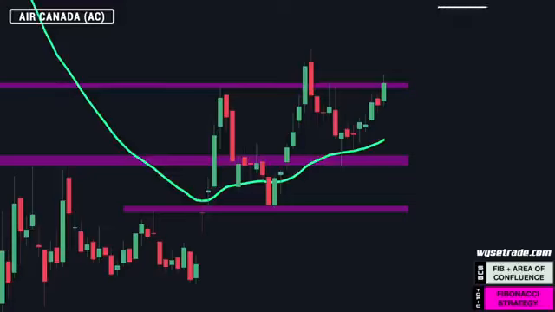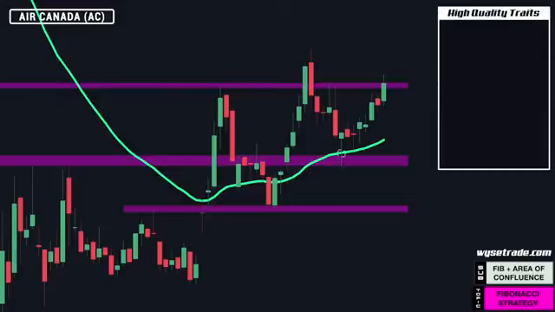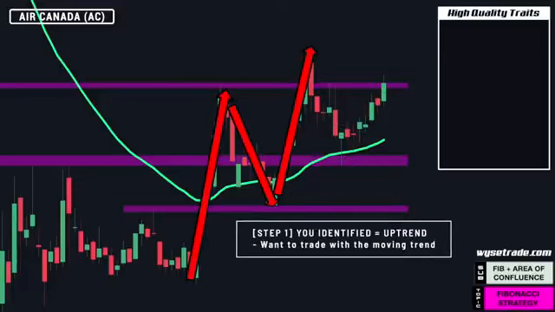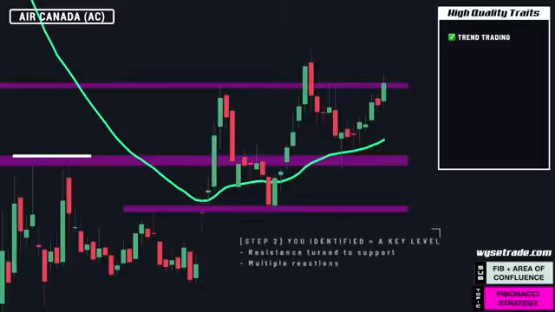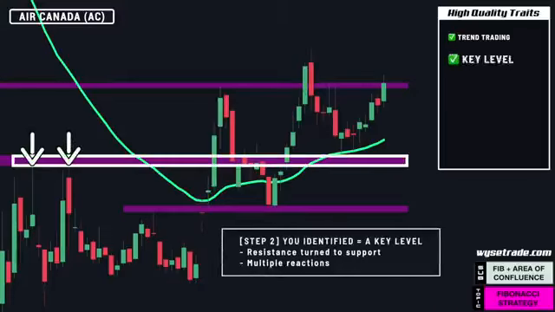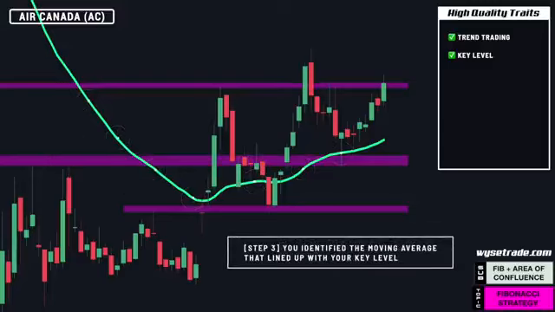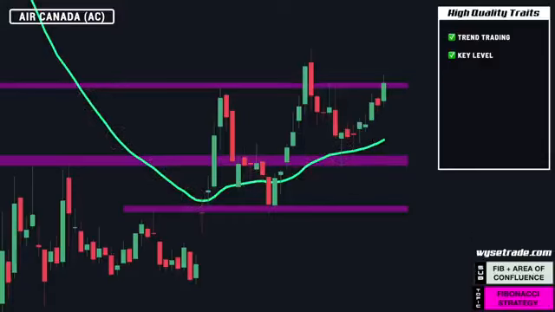This is the Air Canada stock trade our members took. The entry occurred right here, so let's break it down. First, you identified the uptrend, so you want to trade with the trend. Next, you identified the key level here. The moving average then lined up with your key level and is where the trade opportunity presented itself.